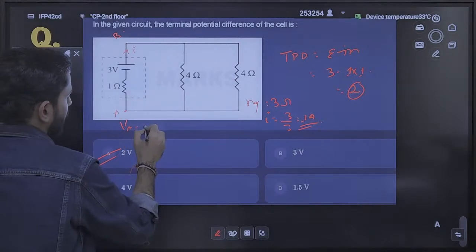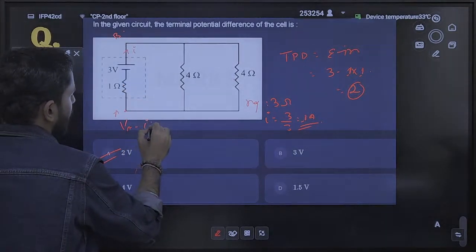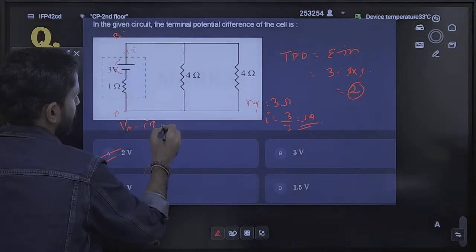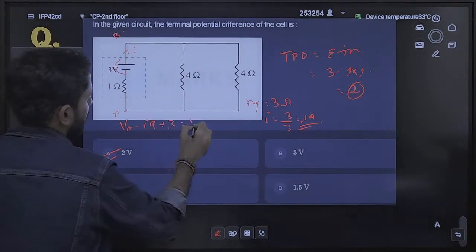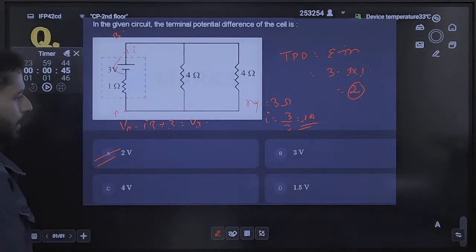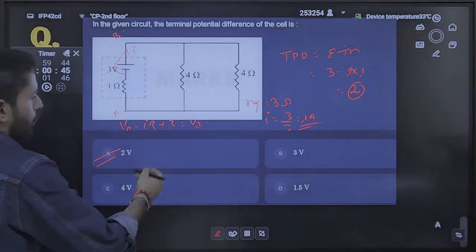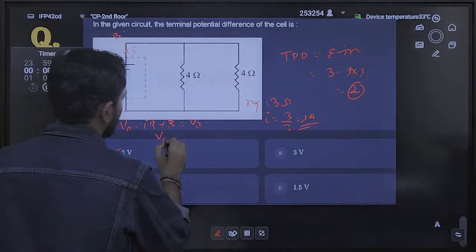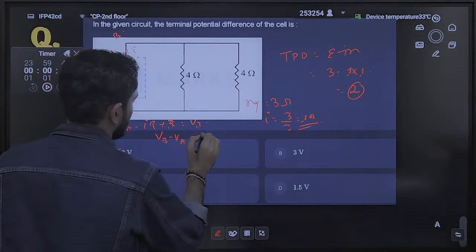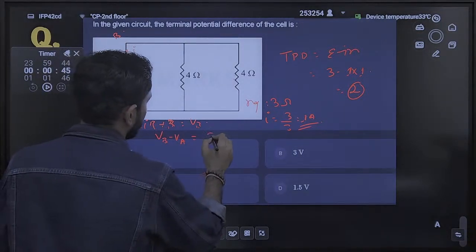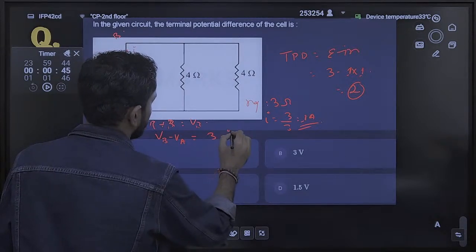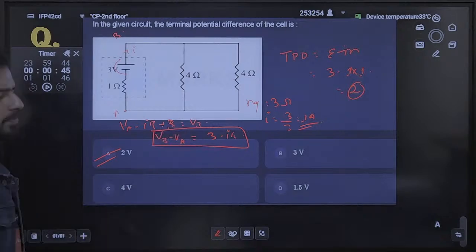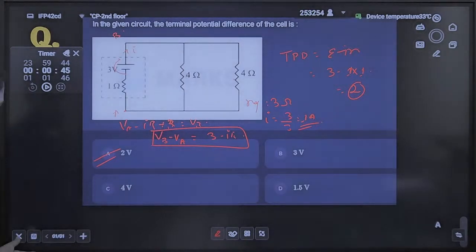That is the battery wire, I into R. Then I am going from lower potential to higher potential, so I will write plus 3 is equal to VB. Correct? So I can write simply this as VB minus VA. That's my terminal potential difference. I can write it as 3 minus IR, or E minus IR. Both are the same thing, in whichever way you want to go.